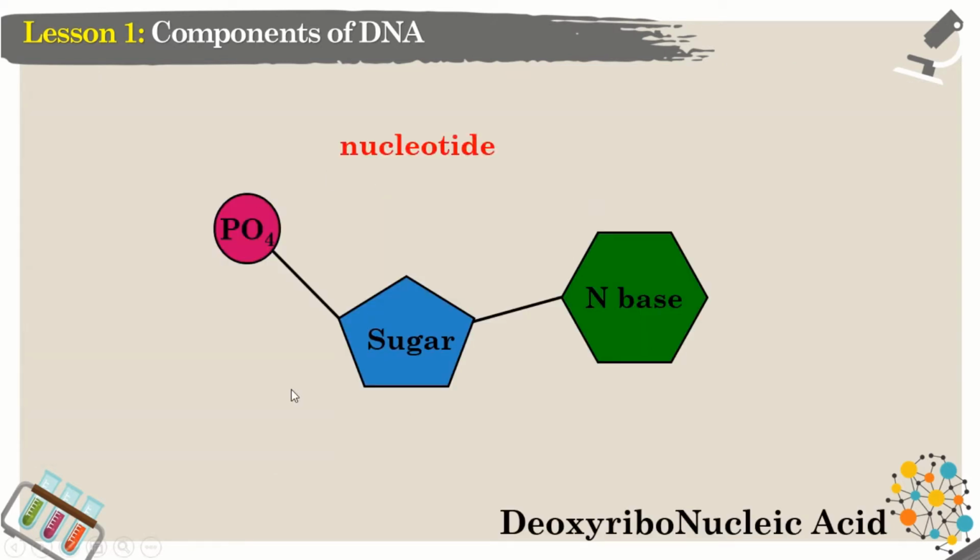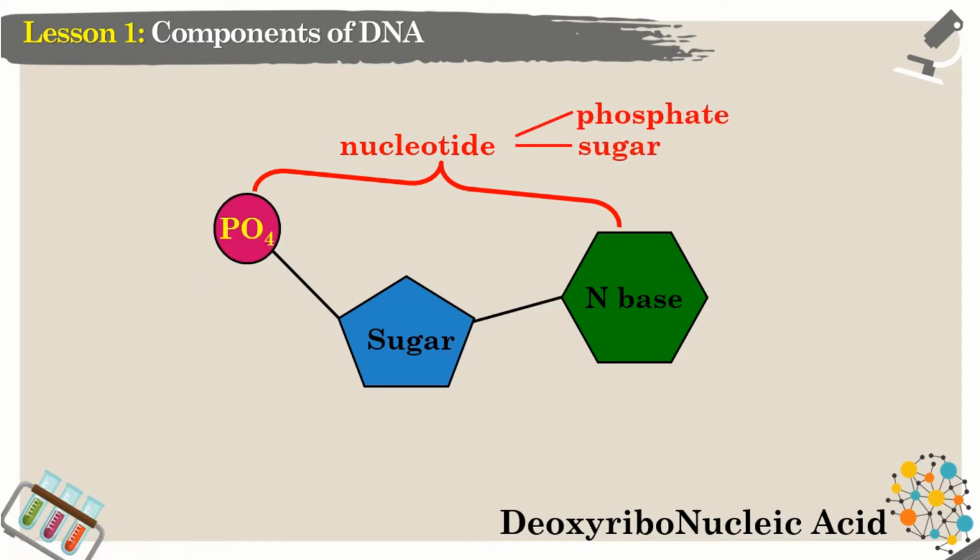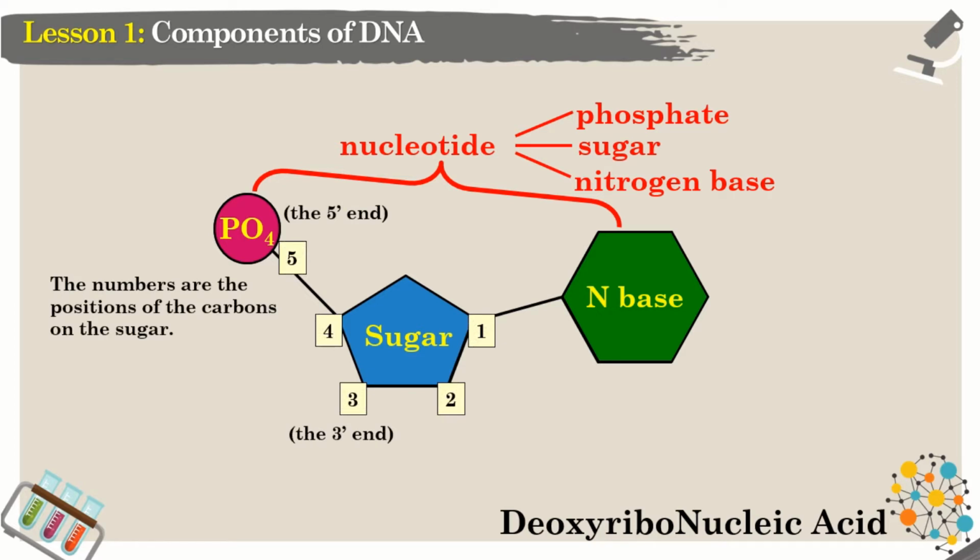These three components compose a nucleotide, which is known as a monomer of nucleic acid. So this one would be the phosphate group. This one is the pentose sugar or the 5-carbon sugar, and the nitrogen base or N base. Those numbers represent the position of the carbon of the sugar.